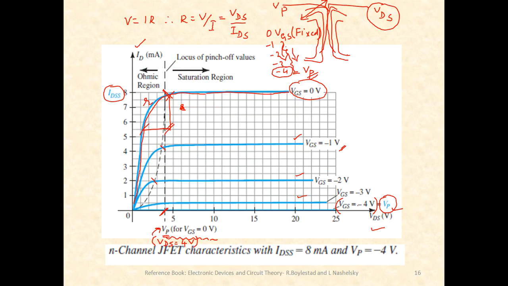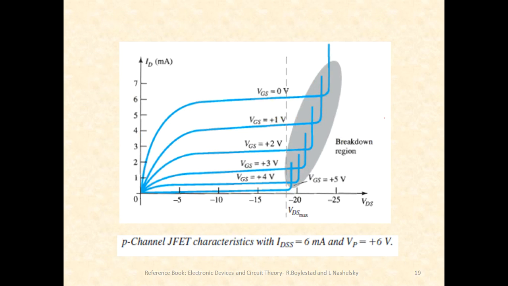So here VDS is positive, and the gate voltages start from 0 and they are all negative for an N channel. Let me just go back to the P channel.